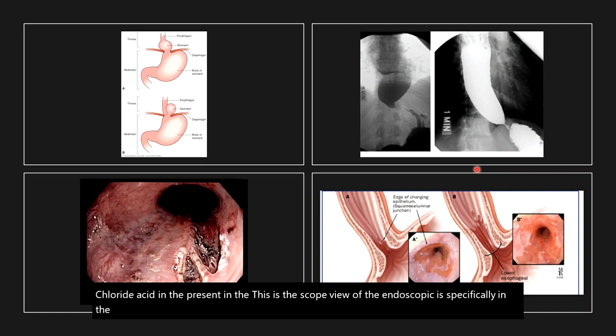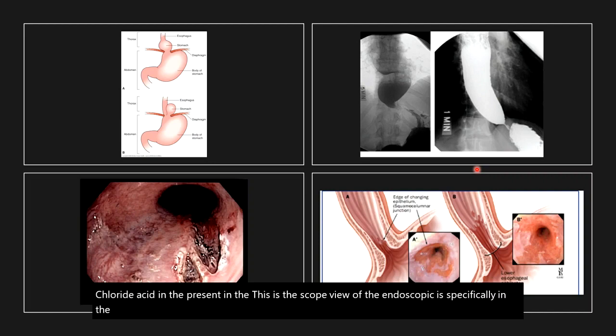One of those complications, by the way, is the presence of acid in the gastroesophageal junction. And when that happens, metaplasia can occur, followed by dysplasia, and that's what we call Barrett syndrome.